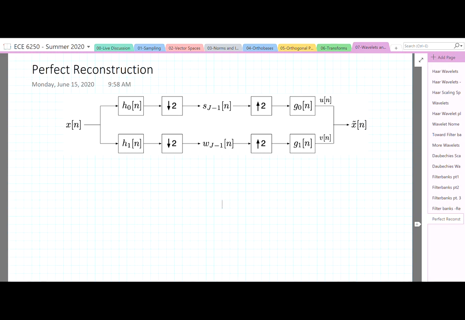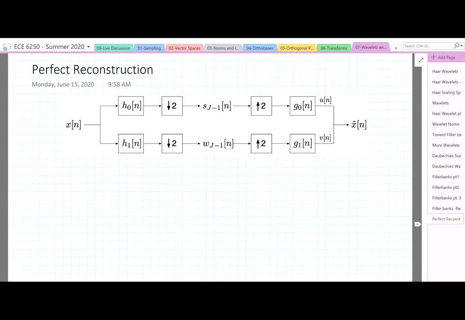So we would like x tilde to be exactly equal to x of n. Now, we call that perfect reconstruction, but we often relax our notion of perfect reconstruction to allow some delay, because we would like our filters to all be causal. So the filters H0 are going to introduce a little bit of delay into the signal just because of the nature of a causal filter.